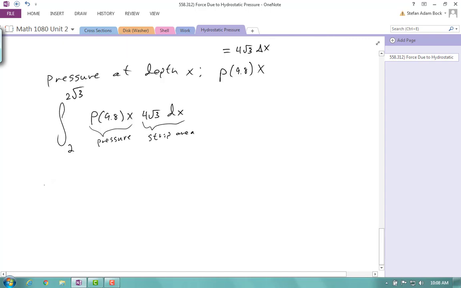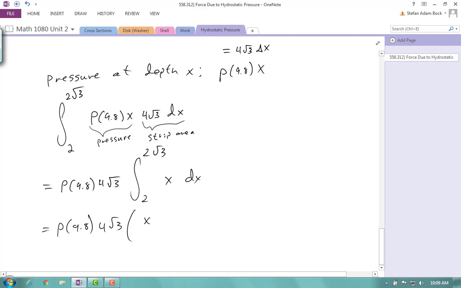And I can go ahead and do this integral. This one's not too bad. This is rho times 9.8 times 4 root 3 times the integral from 2 to 2 root 3 of x dx, which becomes rho 9.8 4 root 3 times x squared over 2, from 2 to 2 root 3.